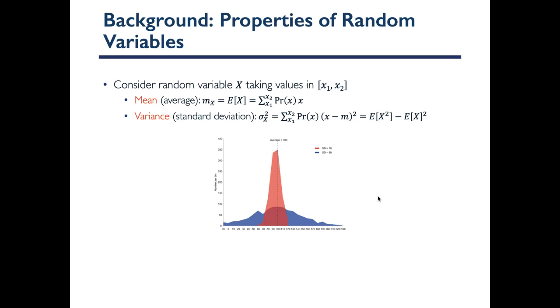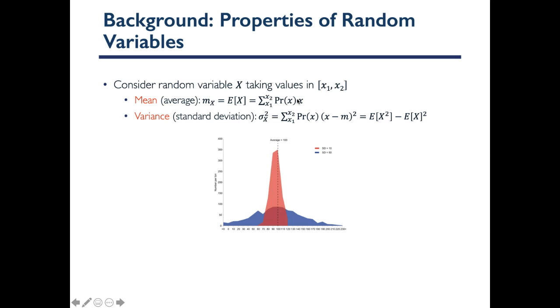If you have a random variable, then you can measure the average of that random variable. So we're going to define m of x to be the expected value of that variable x, which we'll define on a range. Let's say our random variable takes values from x1 to x2. We have the probability that that X happens, and this is for discrete random variables.